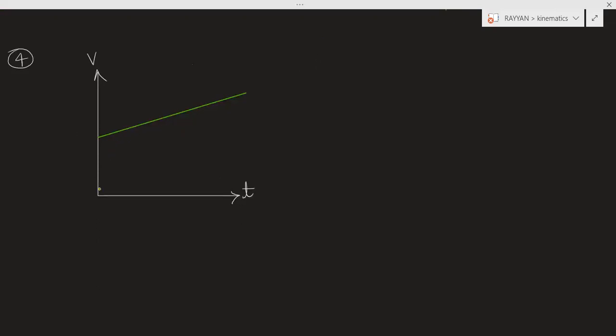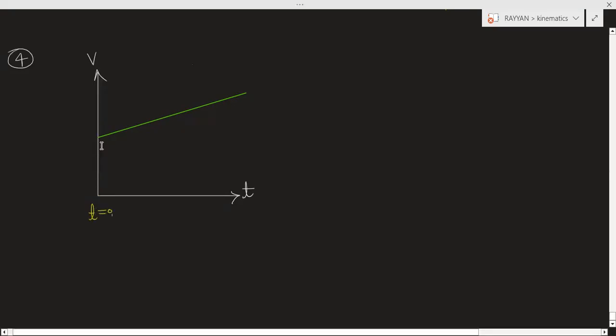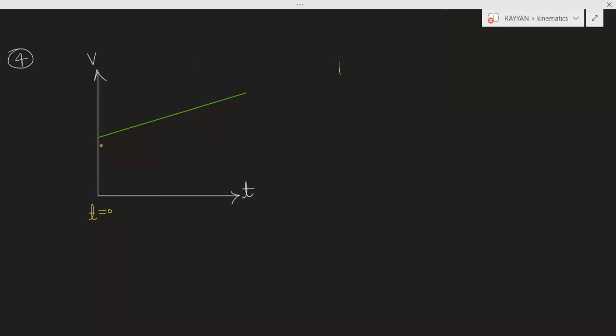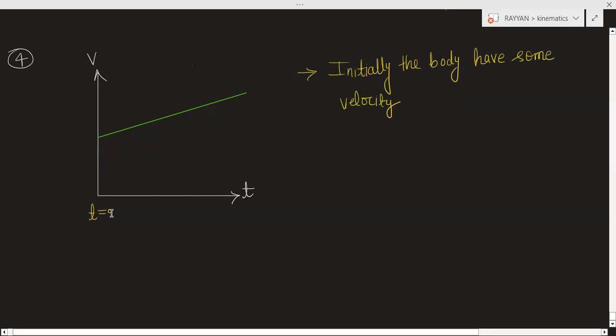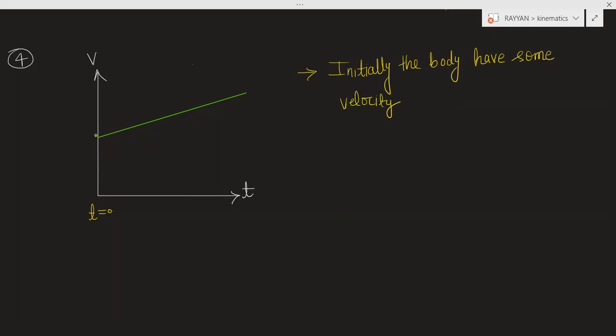So basically at t is equal to 0, there is some velocity of the body. You can see here at t is equal to 0, the body has some velocity.